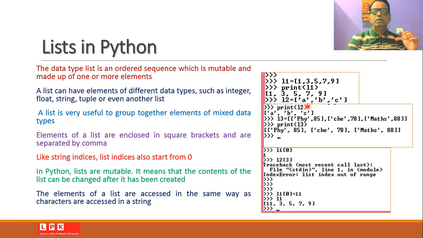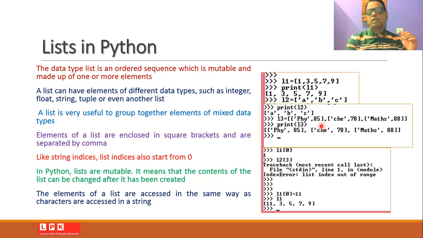It is also possible to have another list L2, which will consist of characters such as A, B, and C. And whenever I give the command print L2, then the content of L2 will be displayed on the screen.